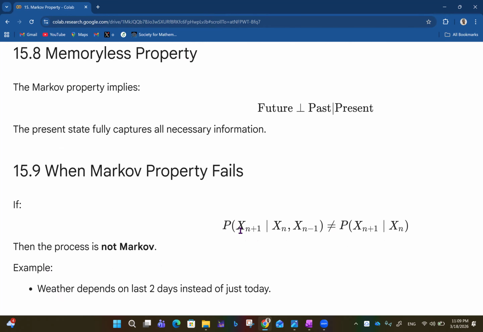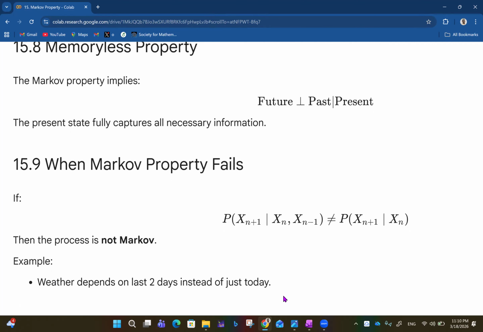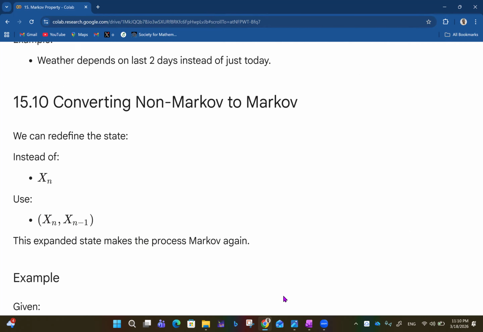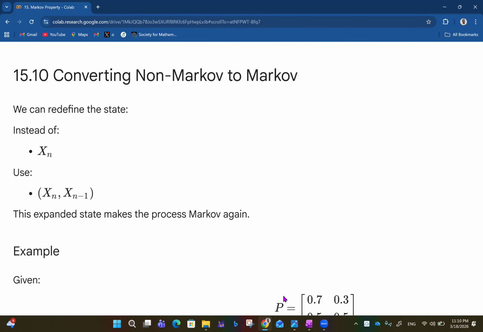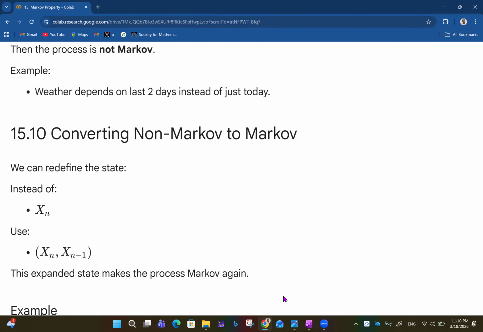But if this expression turns out not being equal, it means the Markov property actually fails. An example is weather depending on the last 2 days instead of just today. If tomorrow's weather depends on today, then that's Markov. Or if tomorrow's weather depends on the weather today and the weather yesterday, then it's no longer a Markov situation.